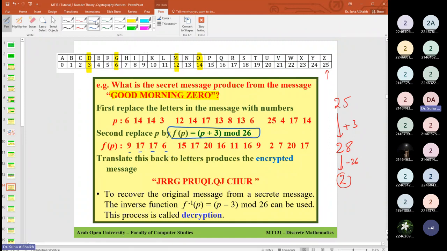Now convert the numbers back into letters from the table. I go back to the table and see what is in front of the 9. J. The 17 is R. The 6 is G, and so on. So this will give me my secret message. Now I have written the secret message. Who understands this secret message? The person who received it and knows that I moved each letter 3 letters forward.